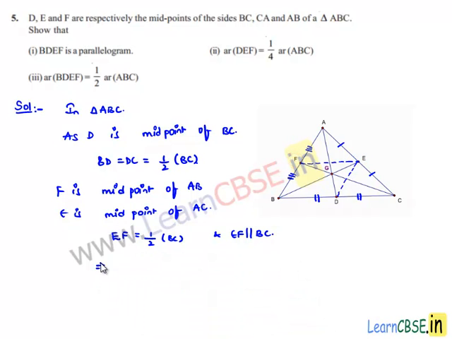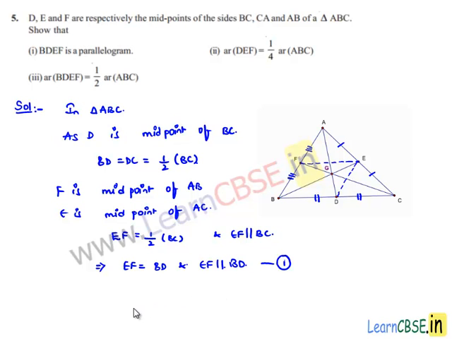Therefore, EF equal to half times BC can also be written as EF equal to BD, and EF parallel to BC. As EF is parallel to BC, it will be parallel to half of BC, that is BD. Let this be equation number 1.